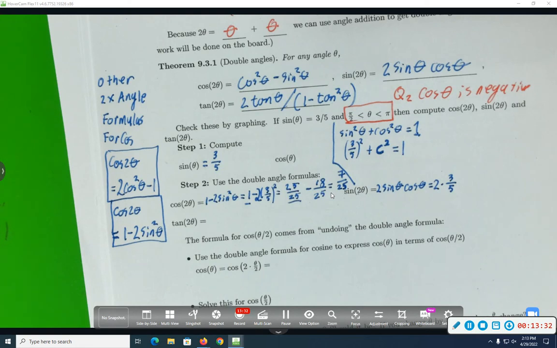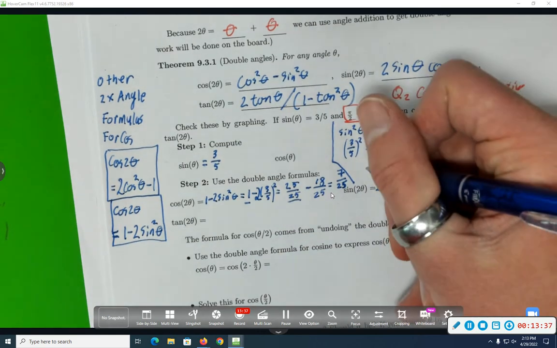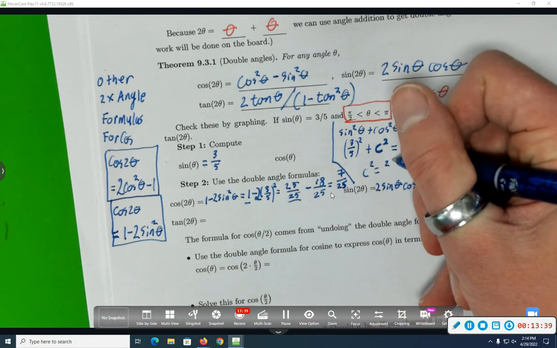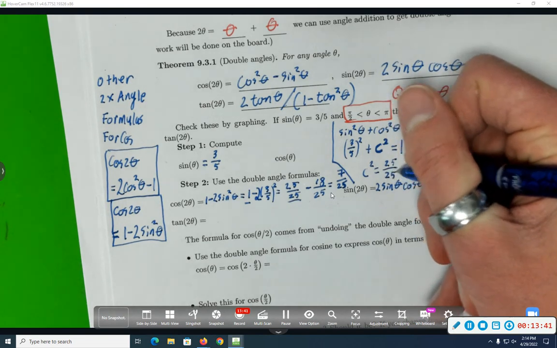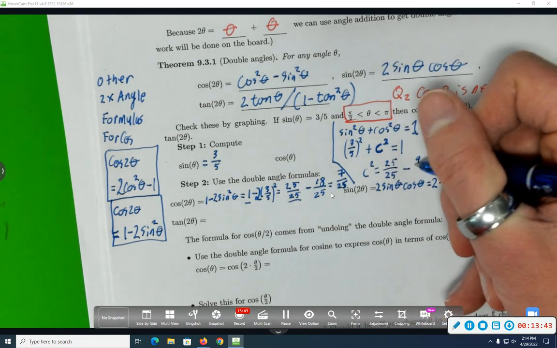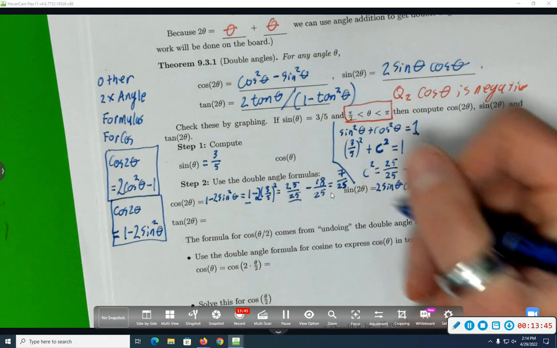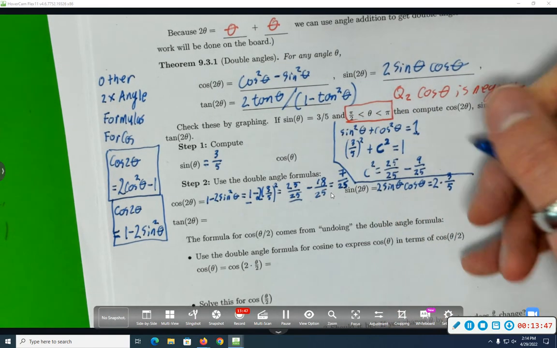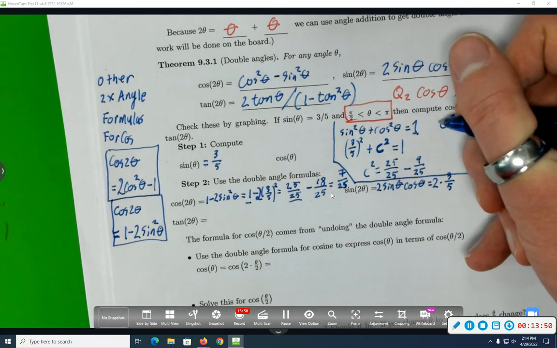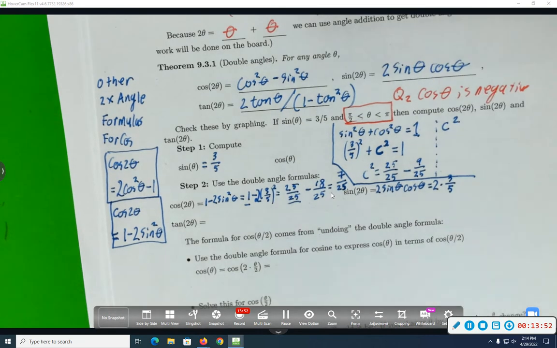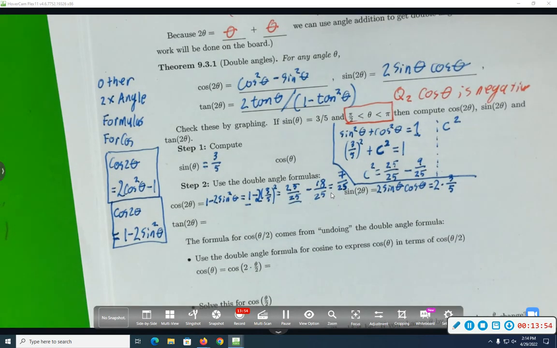So I'll rewrite the 1 as 25 over 25 and then subtract. So c squared is 25 over 25, because that's 1, minus 9 over 25, because that's 3 over 5 squared. So what is c squared equal to? 16 over 25.